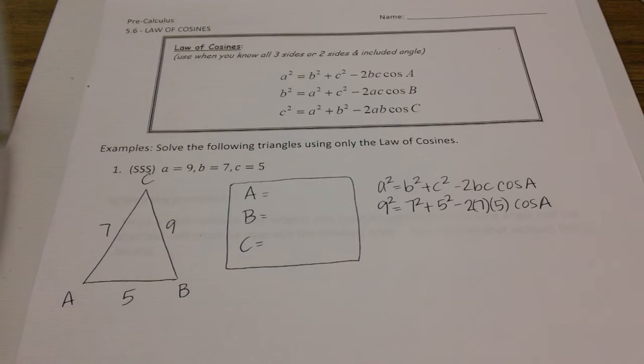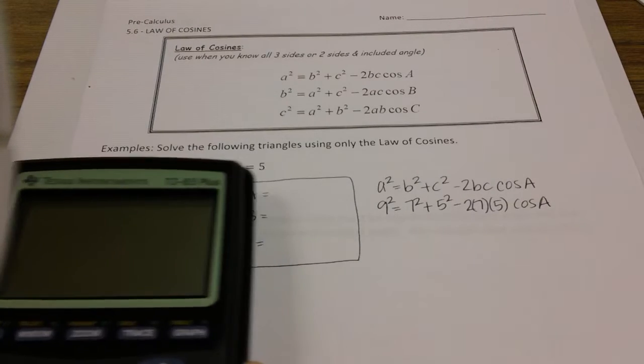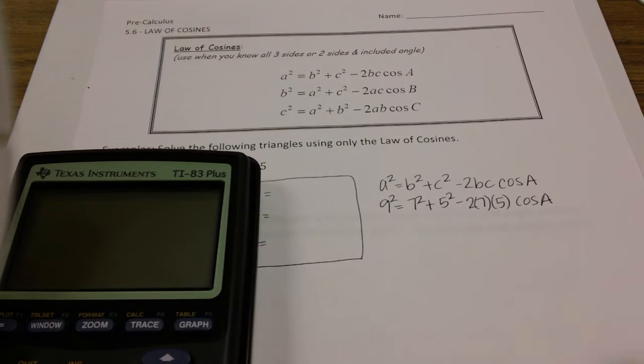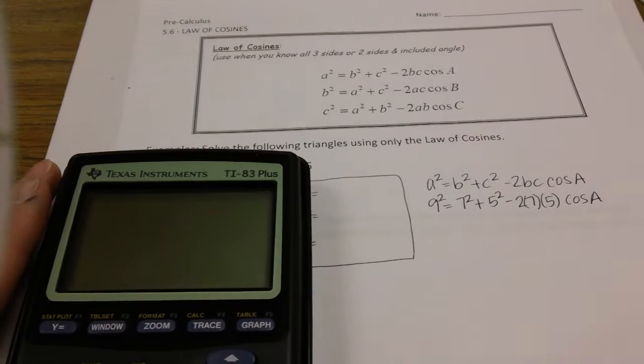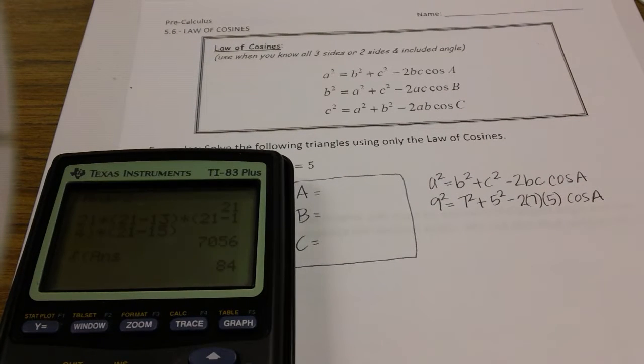Okay, once your values are plugged in, you can use your calculator and you can enter in your data that you know. So we want to solve here for cosine of A. So we can go ahead and do some calculations here. And I'm just going to take 9 squared, and I'm going to do some algebra at the same time. So I'm just going to subtract 7 squared minus 5 squared.